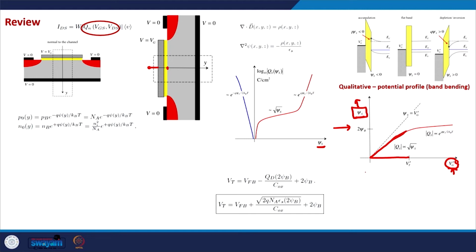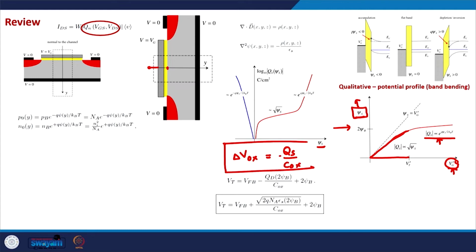So the psi s curve follows the Vg line, but as soon as the gate voltage approaches the threshold voltage and is more than the threshold voltage, the psi s does not increase much, because the semiconductor charge, which is the inversion charge, increases exponentially, and this exponential increase in semiconductor charge increases the voltage drop across the oxide, because the voltage drop across oxide is minus Qs divided by Cox.